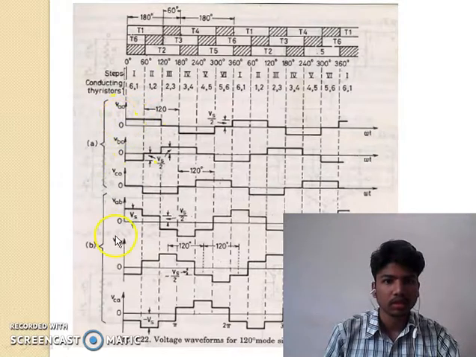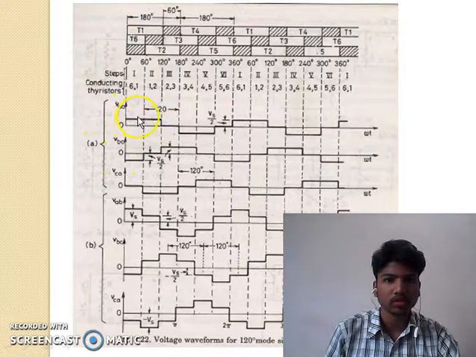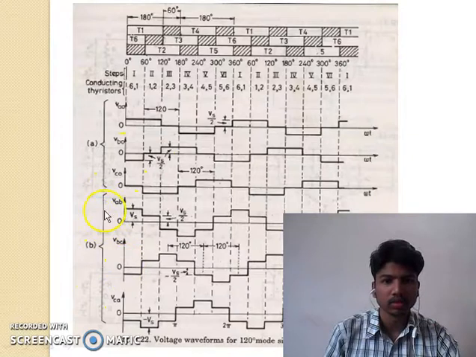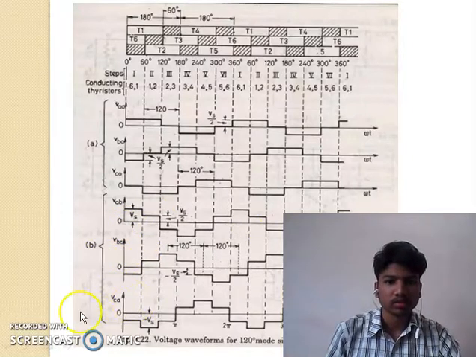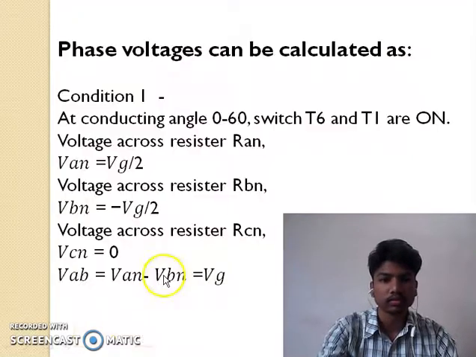VAB is equal to VA0 minus VB0. So we subtract VA0 and VB0 and get the output waveform like this. Again VBC and VCA are obtained like this. These waveforms are sinusoidal.